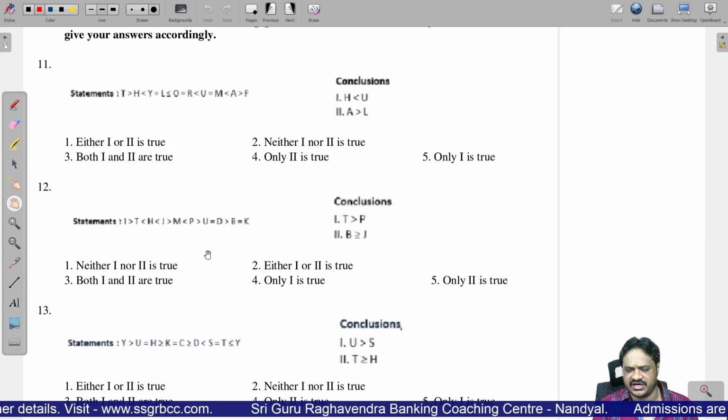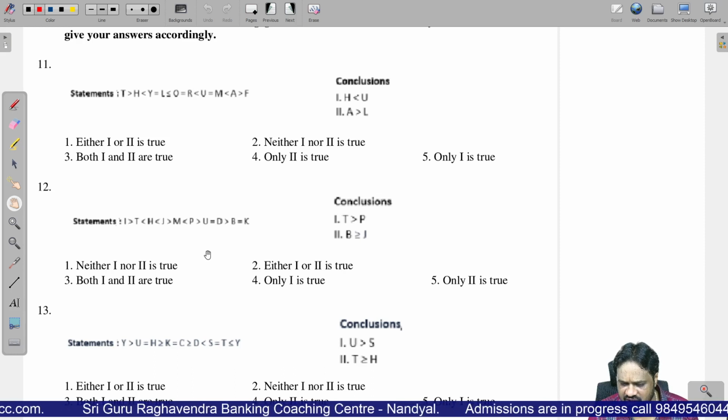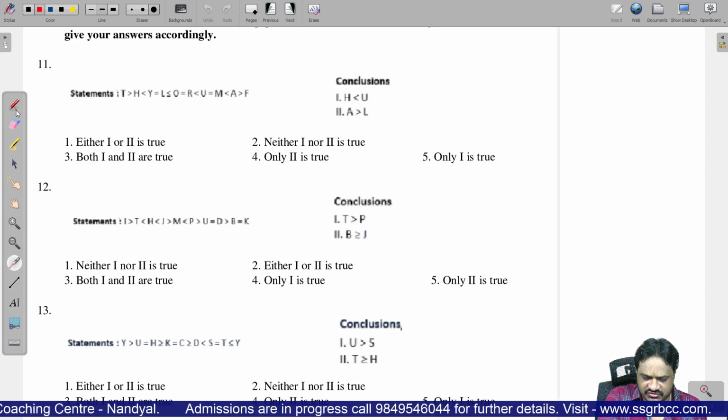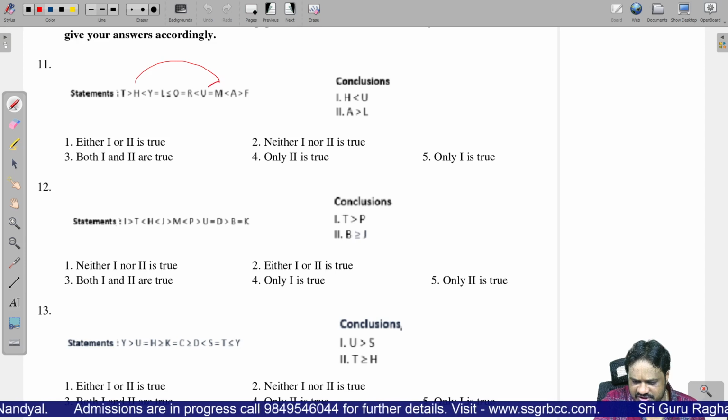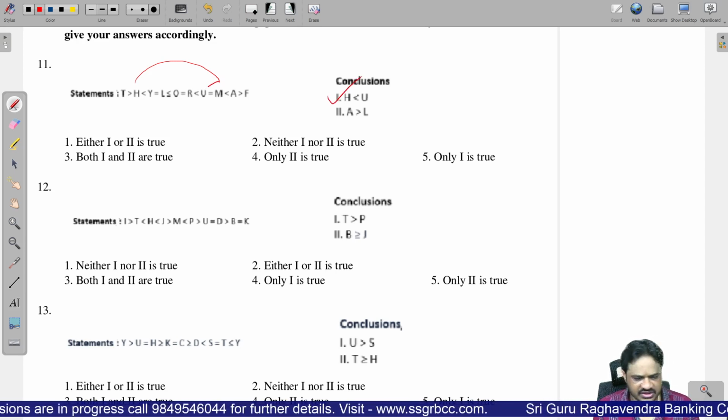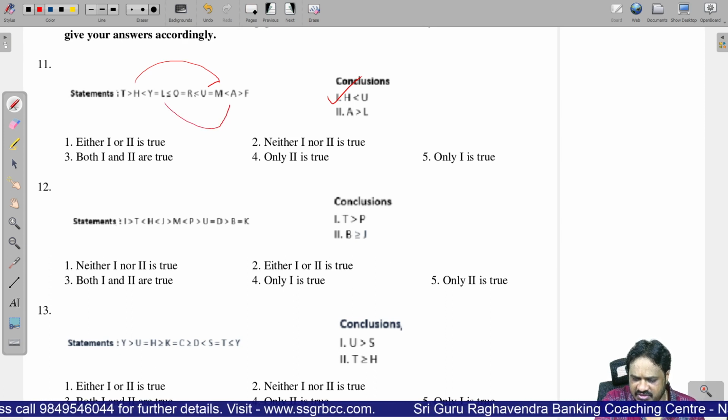T greater than H, H less than Y is equal to L less than or equal to Q, and Q is equal to R less than U is equal to M less than A greater than F. H less than U. From H to U, the common symbol is less than only. Therefore, the first one definitely follows. Then A greater than L. From L to A, the symbol is less than.